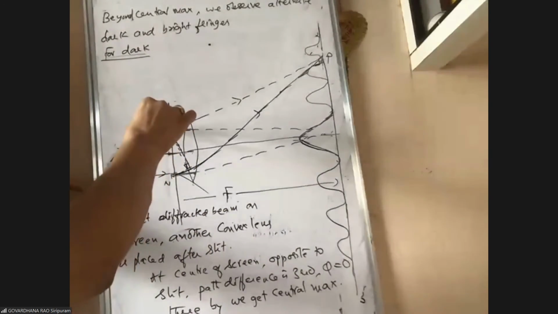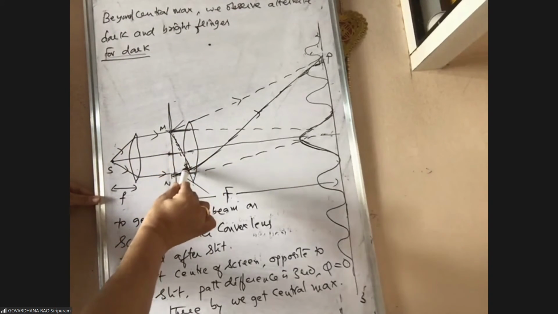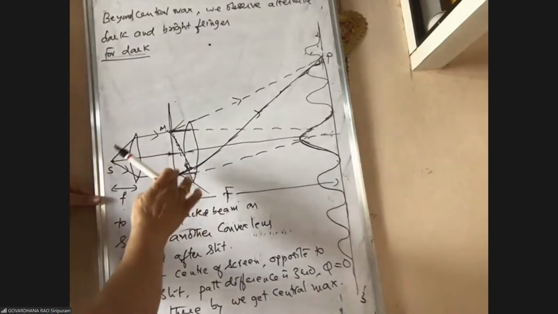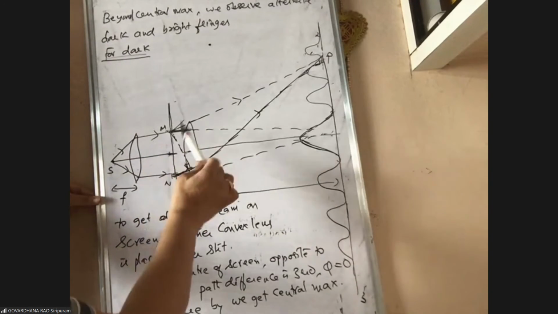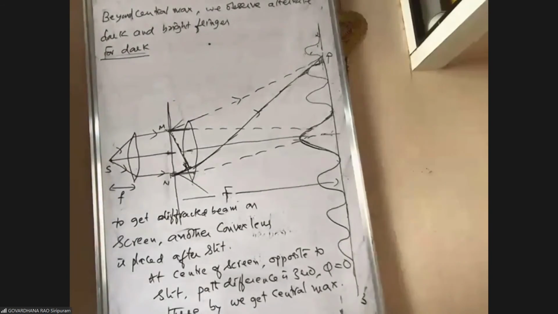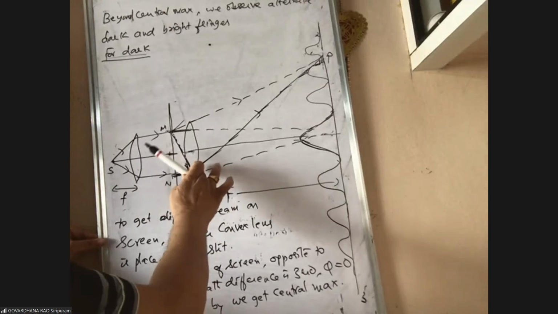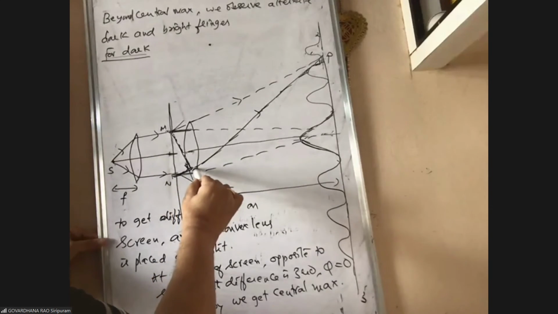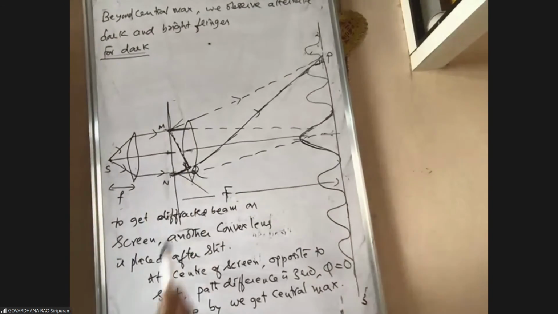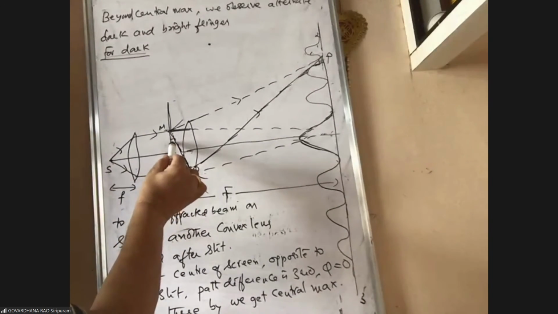You are drawing from M a line perpendicular to the ray, such that it makes 90 degrees. This is Q. So what is the path difference there? This is theta.